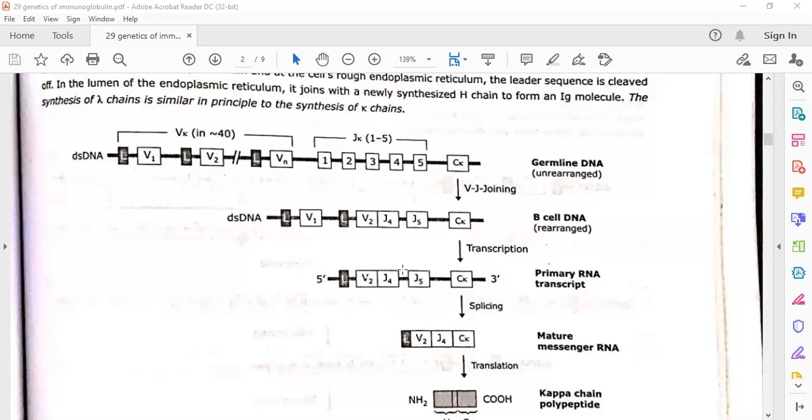After that, splicing will be made here for the removal of J5, which will cleave the J5 DNA, and it will join the C region also. So here V region, J region, and C region will combine to each other, and this is the matured messenger RNA gene.